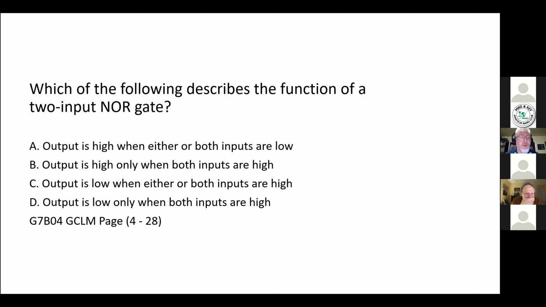C, the output is low when either or both inputs are high. Or D, the output is low only when both inputs are high. It'd be Charlie. Yep, that is correct. Charlie is correct. Output is low when either or both inputs are high.